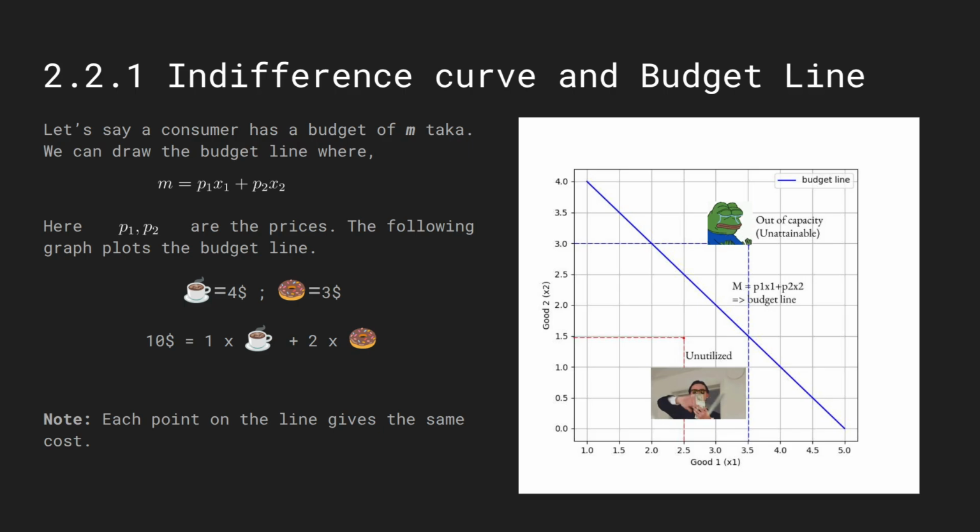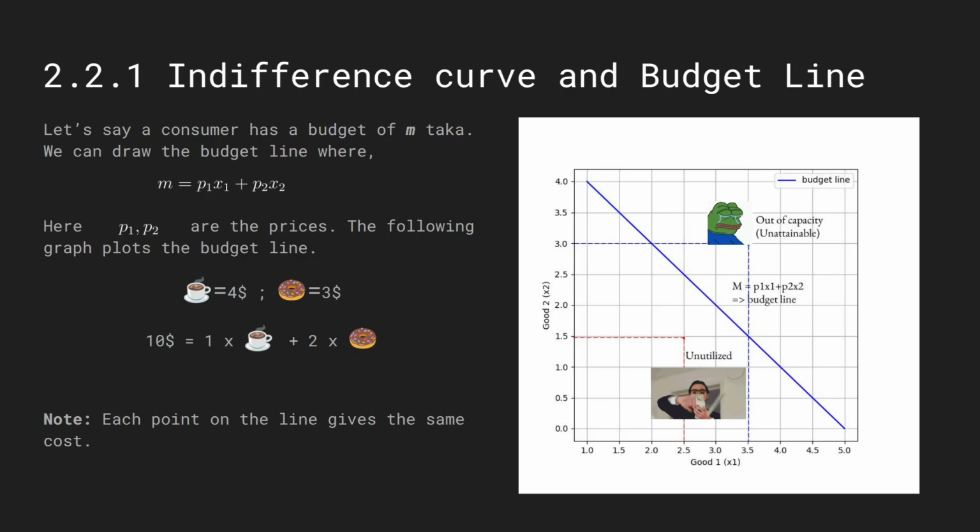The budget line represents all possible combinations of two goods a consumer can afford given their income and prices. Let's say you have a budget of $10 and you have gone to a coffee shop where they sell coffee and donuts.